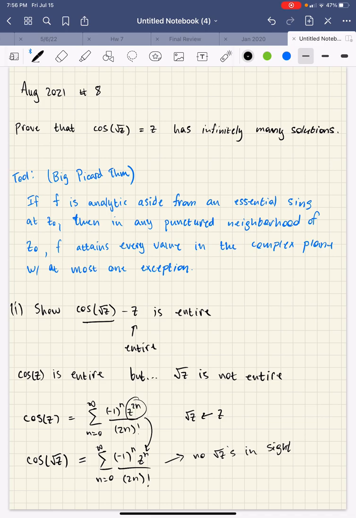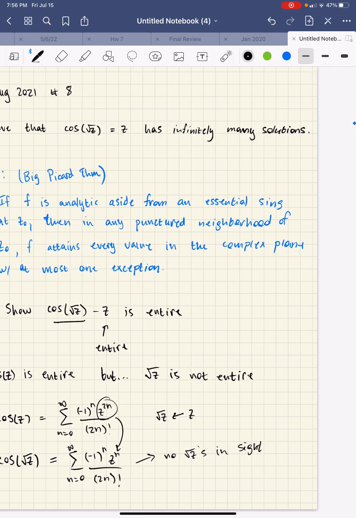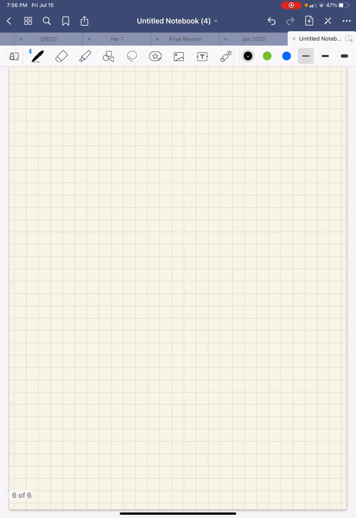Just to see this a little more and provide some intuition for why cosine square root of z is entire, let's think about why square root of z is not entire. Recall that square root of z usually requires a branch cut in general, because it's multi-valued.